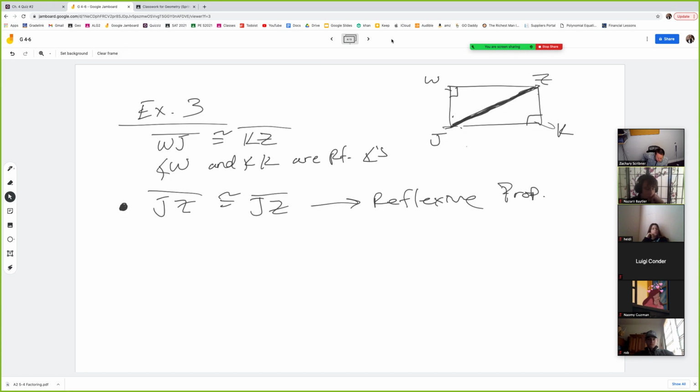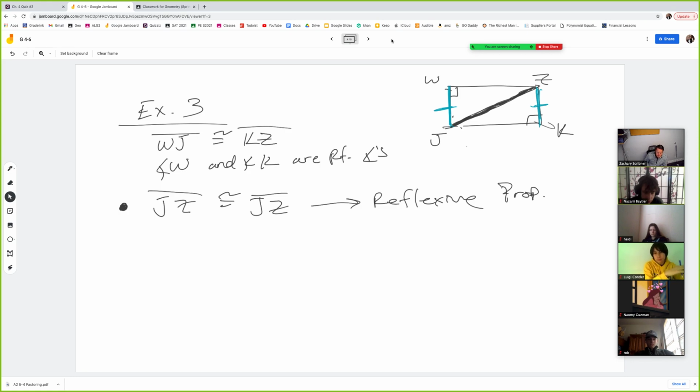Okay? Now, they've also given to us that WJ and KZ, they've already given to us that this one is congruent to this one. So now we have a hypotenuse and a leg, right? We're already done. We have the given, which is their right angles.